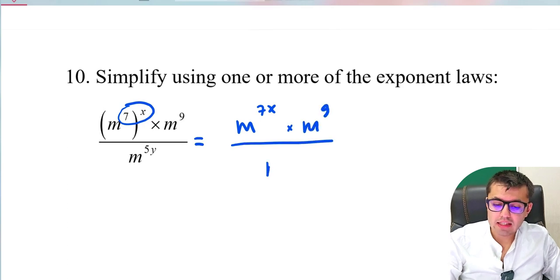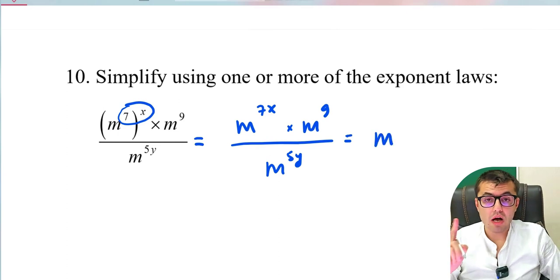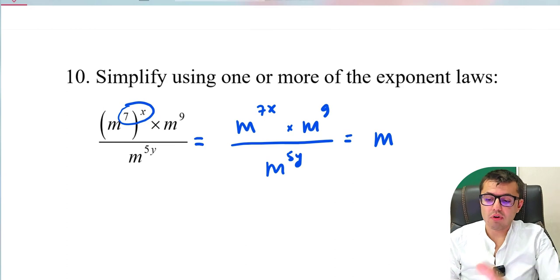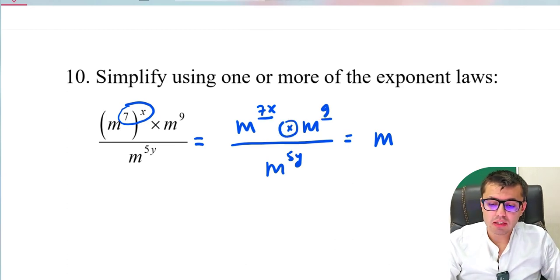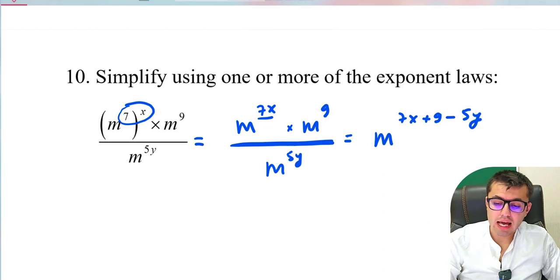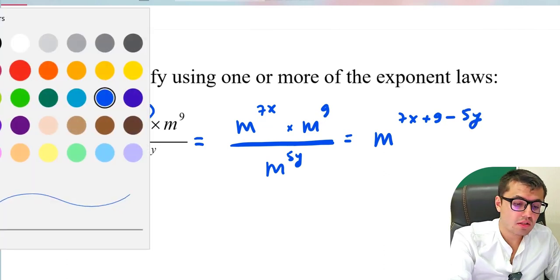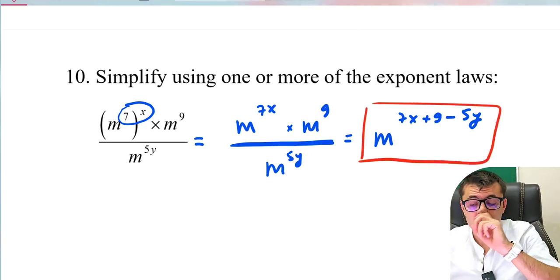And the next was, I write m once, I don't want to write m anymore. I write m once, and then I add the powers if they're multiplied together. And if there is a division, I subtract the powers. And guess what? That's the answer. Many of you got this correctly. I'm really proud. That's really great.